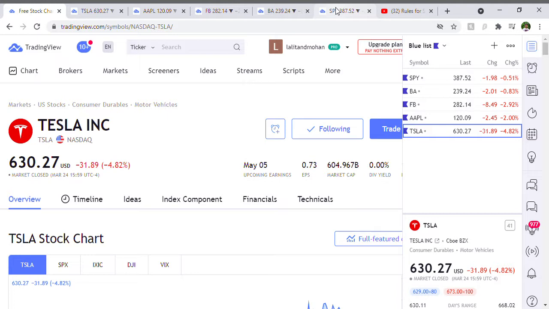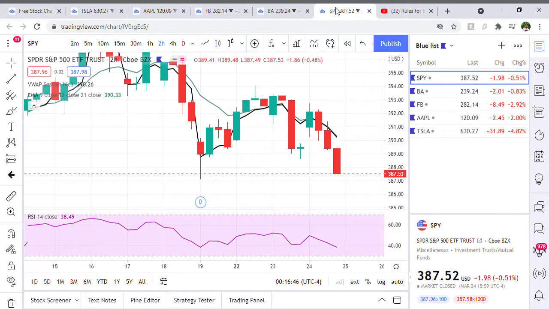So let me open the SPY chart first. Before we go ahead, how do we decide whether this stock is good for today's scalping or not? That is the first question. If it is good, what is the direction? For that, the first thing is you need to start with the 2 hour chart. You have to do this around 10 a.m., as I said in my previous video.